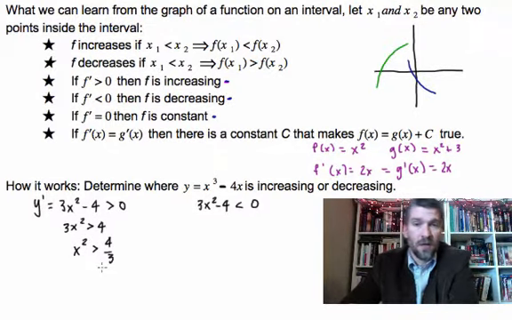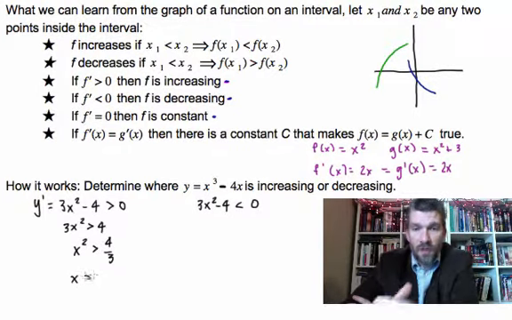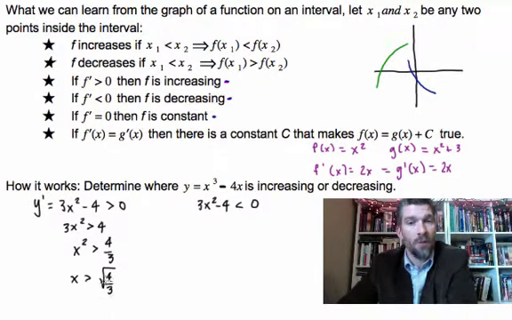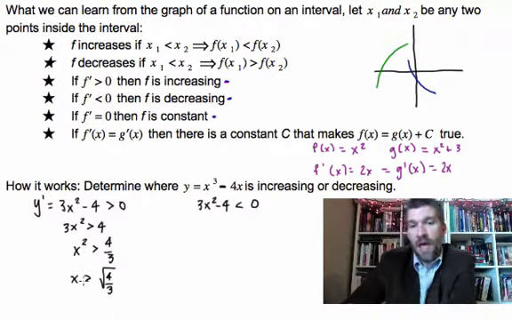So on the left here, where we've got 3x squared minus 4 is greater than 0, when you solve that all the way down, taking all the steps necessary, and you square root both sides, then you're going to find when values of x are more than 2 over the square root of 3 units away from 0, you're going to have an increasing function.